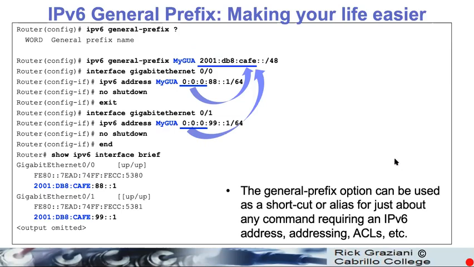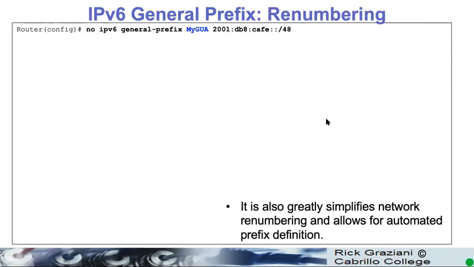All right, so how is this helpful besides being a little shortcut? Let's say we need to renumber our addresses. So we're going to do no ipv6 general-prefix my GUA, removing that.